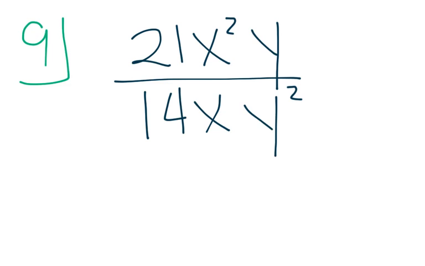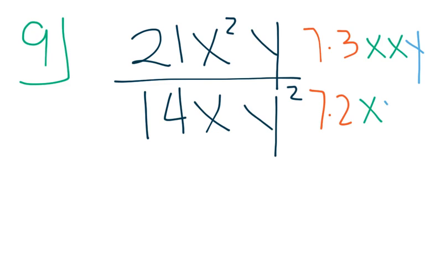So now we have 21x squared y over 14xy squared. 21x squared y we can simplify as 7 times 3 times x times y. Okay? 14xy squared we can simplify as 7 times 2 times x times y times y. So when we simplify this, we can cross out like terms.